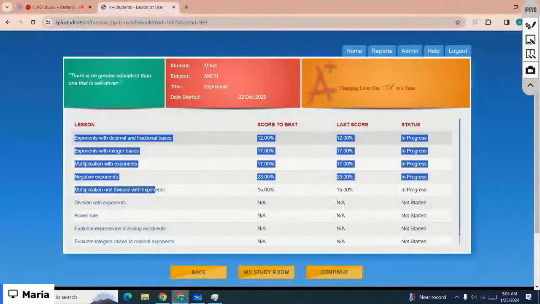So here I am on grade 9 math. The chapter we're going to start with is exponents. Let's just start with the first lesson, that is exponents with decimal and fractional bases.